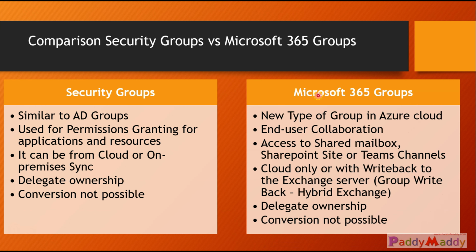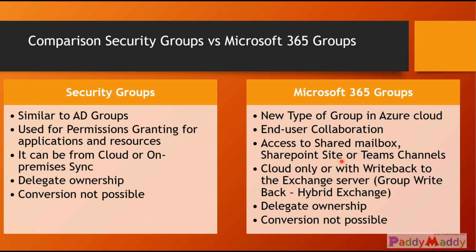So it's as simple as if you are trying to control some kind of access level, then you would be creating a security group. But if you want to collaborate with your end users, then Office 365 or Microsoft 365 groups can be created. So you might have some SharePoint portal or mailbox or Microsoft Teams channel that consists of actually data inside, right?